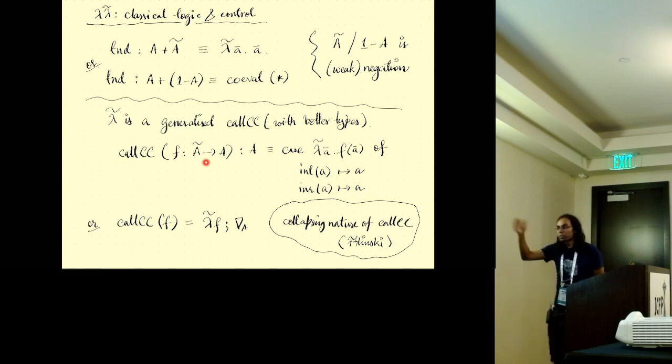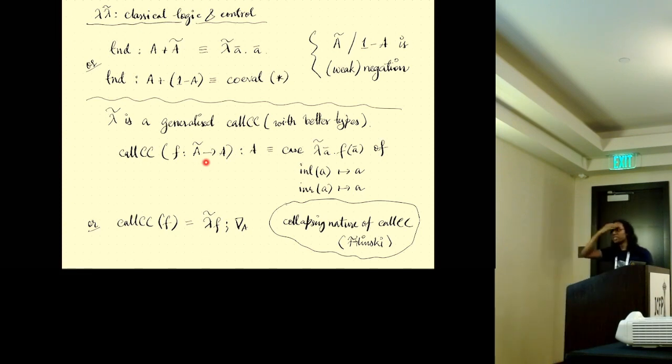So call CC is very mysterious, and different equations exist. One of the main observations that Filinsky had made was this collapsing nature of call CC, and the fact that call CC is implemented by first doing a lambda bar and then collapsing both sides of the sum is what explains this collapsing nature.